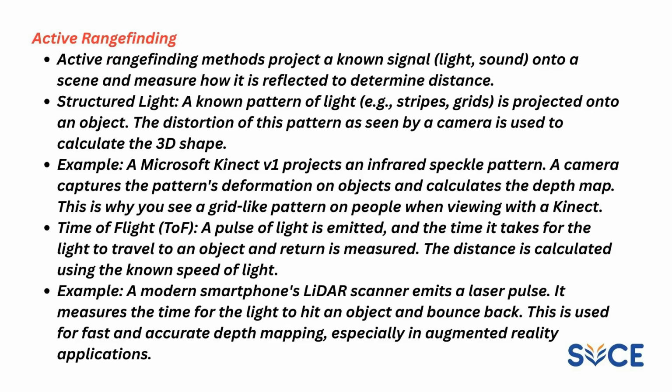Instead, they can actively send out their own signals, like laser light or even sound, and measure how these signals bounce back, the reflections of the action we have done.